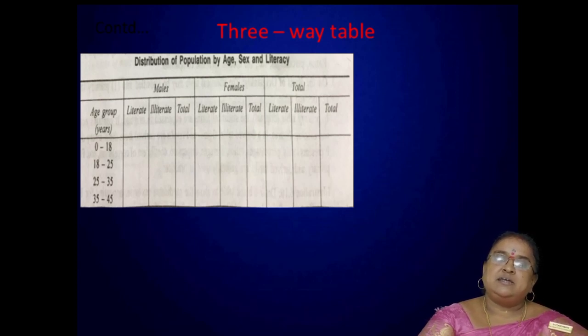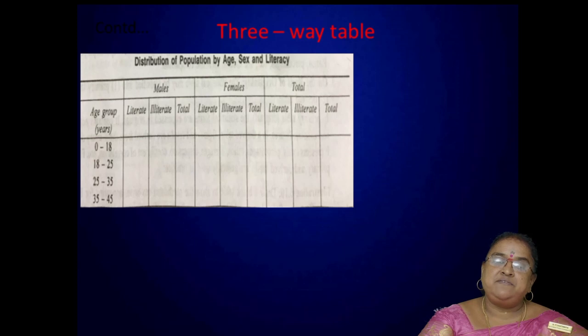In this, the distribution of population by age, sex and literacy. So age groups 0 to 18, 18 to 25, 25 to 35, 35 to 45. In males also, literate, illiterate. In females also, literate, illiterate. In total also, literate, illiterate.